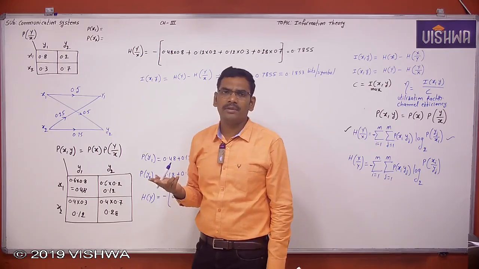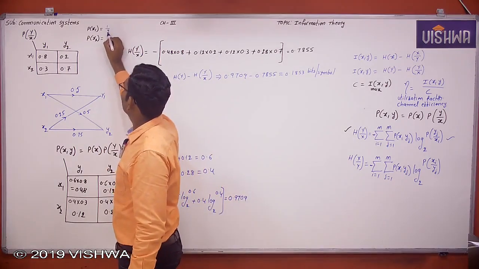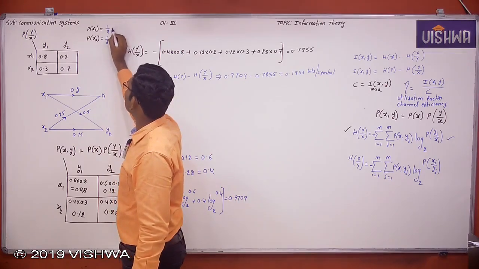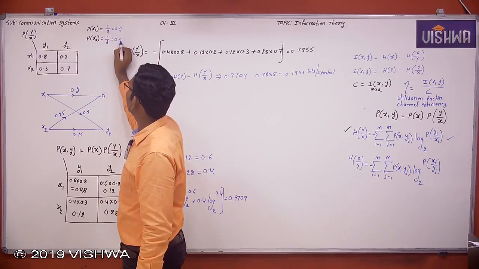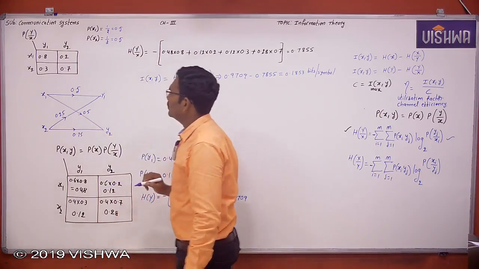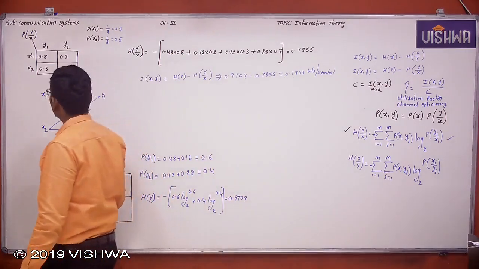There are two symbols. What is the equiprobable occurrence of each symbol? 1 by 2, 1 by 2, which is 0.5. So what is P of X? First we write the channel diagram.